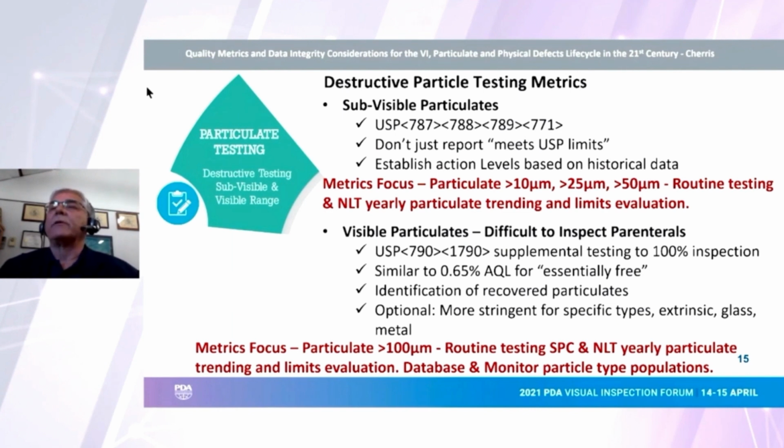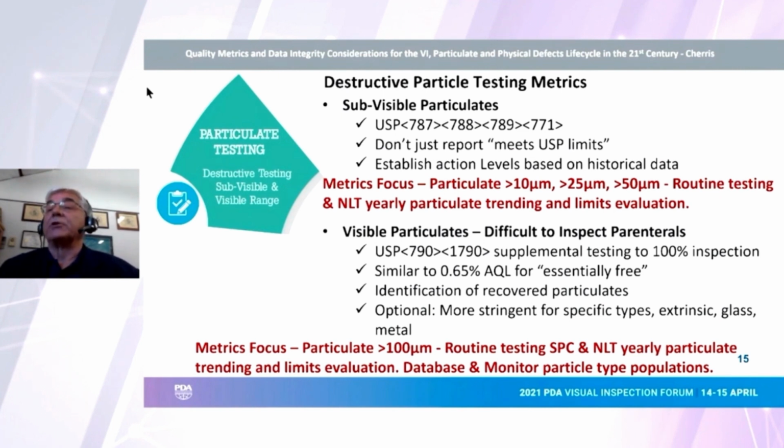For visible particulates in difficult to inspect parenterals, we are following the guidance of USP 790 and 1790 for supplemental testing to 100% inspection. This is similar to the 0.65% AQL for essentially free, and identification of recovered particulates is essential.